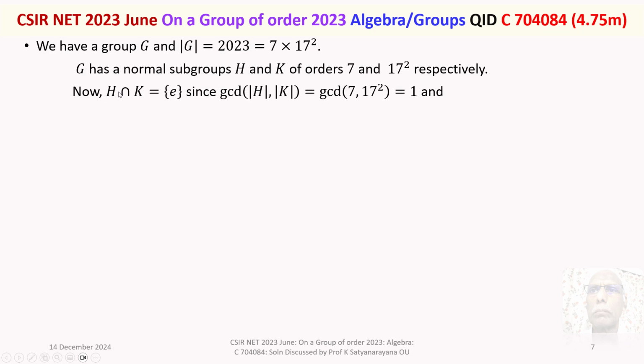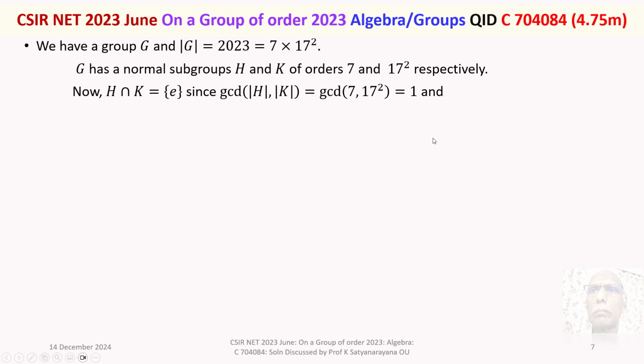Now, what is H intersection K? The intersection of two subgroups is again a subgroup. H intersection K is the identity element alone. Why? Because the GCD of the order of H and the order of K, that is the GCD of 7 and 17 square, is 1. Therefore, the order of H intersection K will be 1, and thereby H intersection K is the identity element alone.